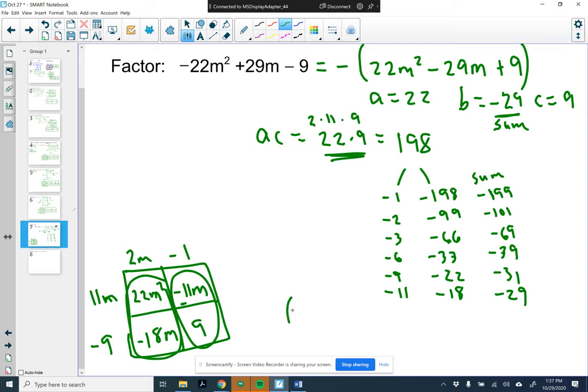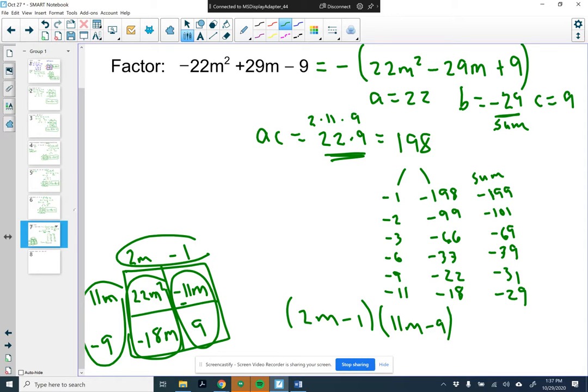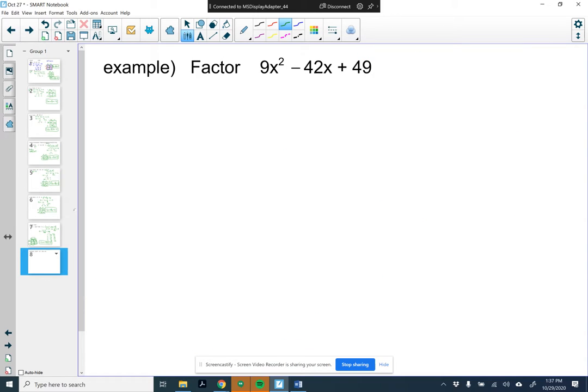So our factorization is going to be 2m minus 1. That's this factor. And then the 11m minus 9, that's this one. Okay. But we need to remember at the end here that we pulled out a negative at the beginning of the problem. There's our answer.